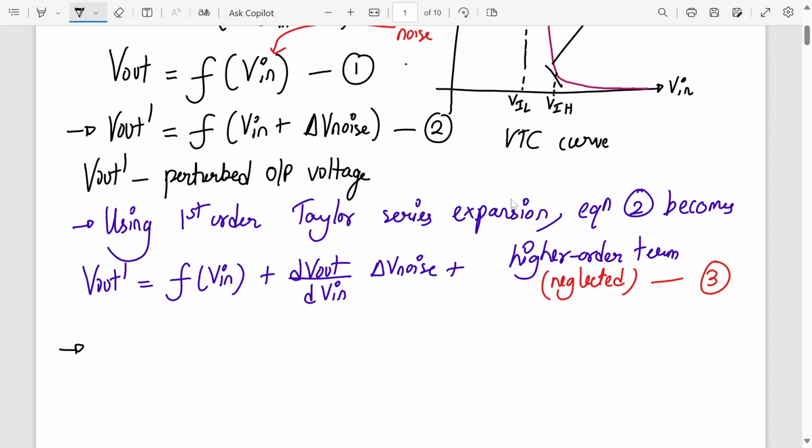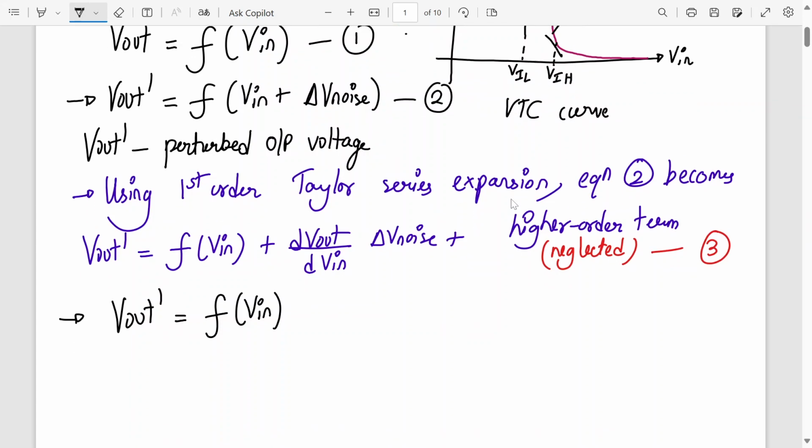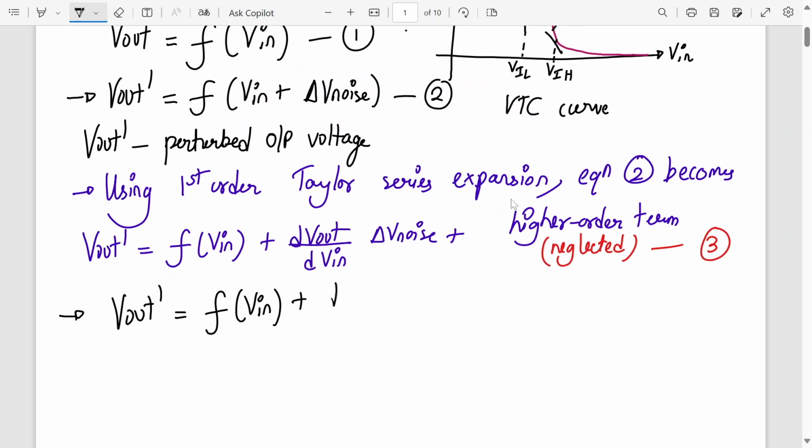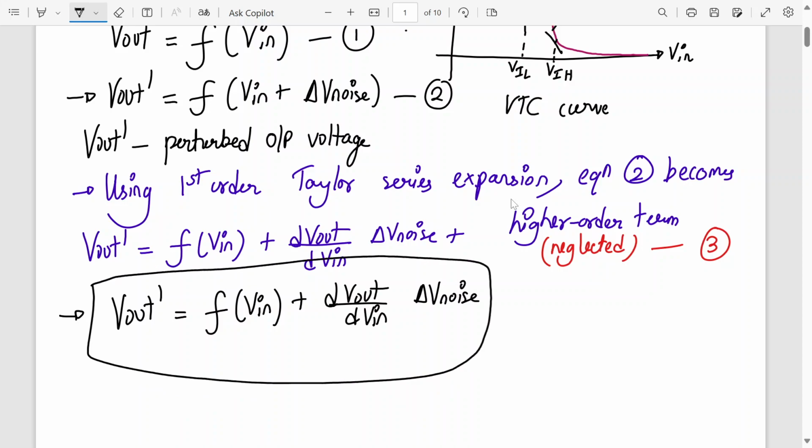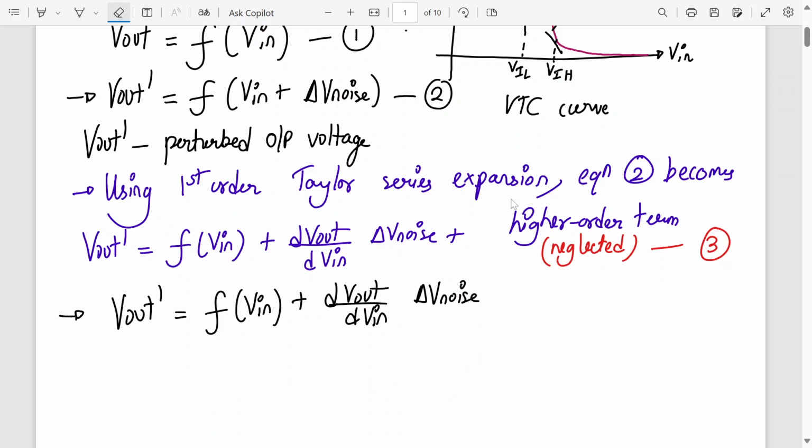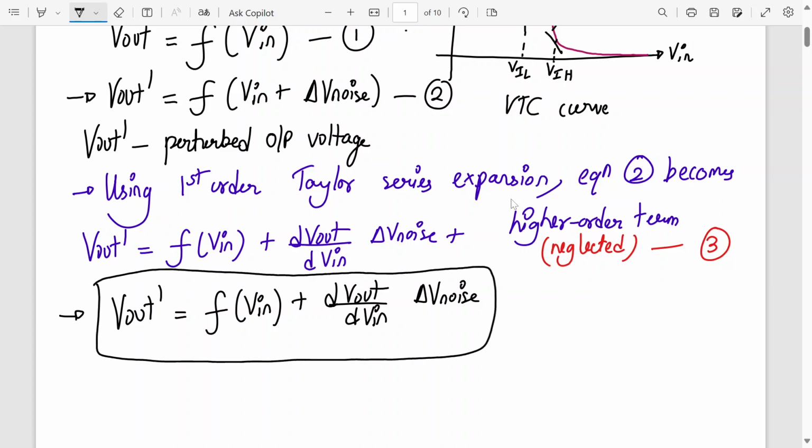Now if you see carefully, V out should be a function of V in only, right? It should not be a function of noise, correct? So I'll get this equation now. V out dash is function of V in plus dV out by dV in into delta V noise. I'll put this equation in a box and call it equation number 4.